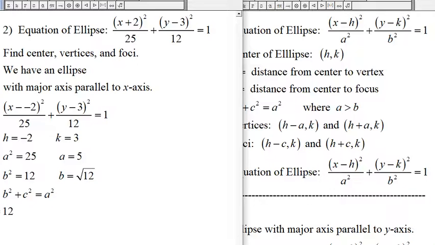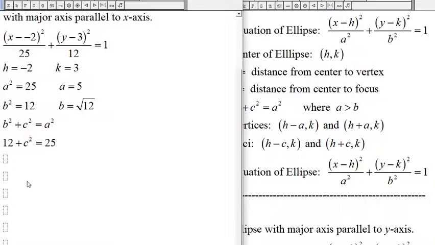So here we have 12 plus c squared is equal to 25. And then subtract 12 from both sides, we get c squared to be 13. So take the square root of both sides, we get c is the square root of 13.